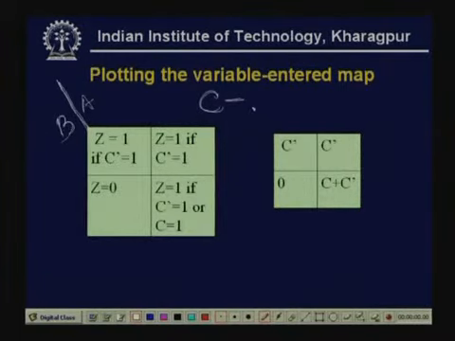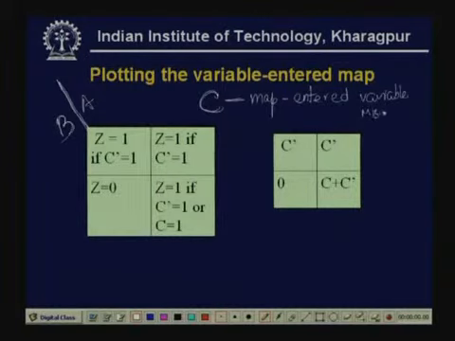I am telling this is map entered variable, MEV. So, this is the position, or this element, where Z equal to 1, or output will be 1, if A dash B dash C dash, that means the first term.